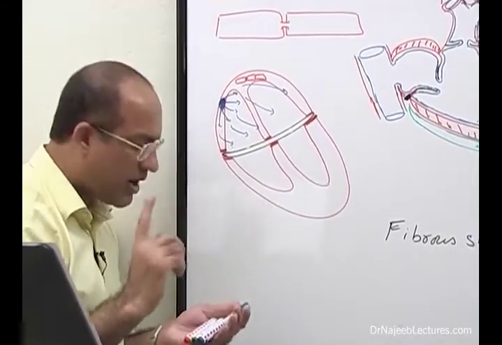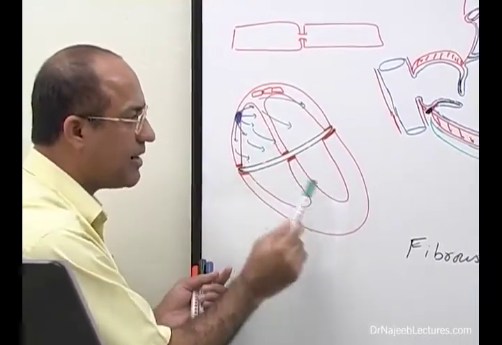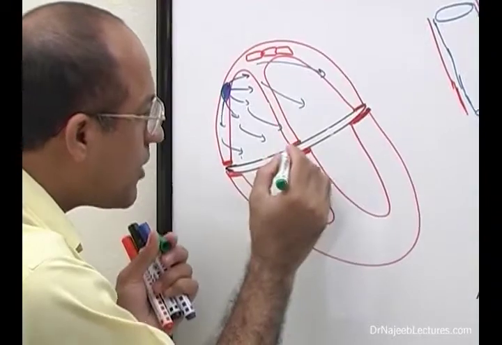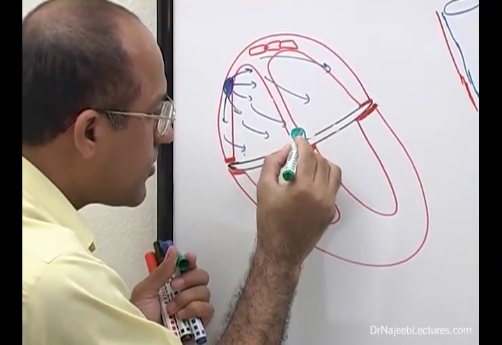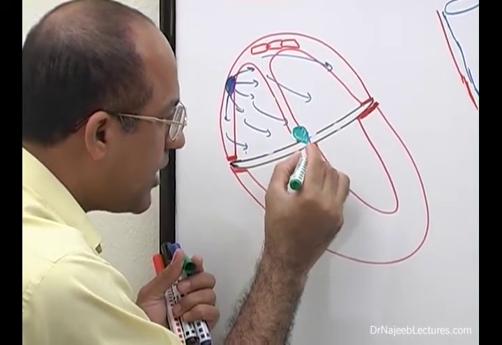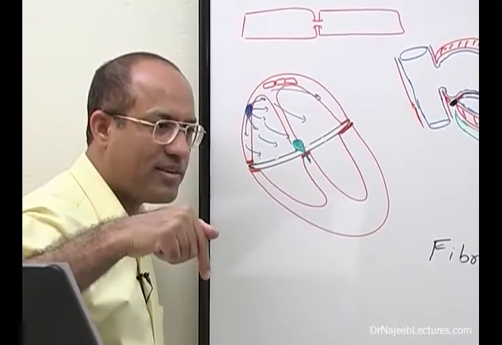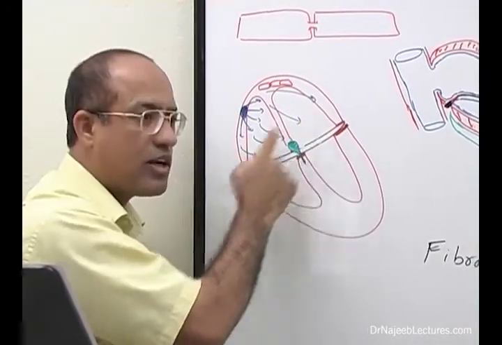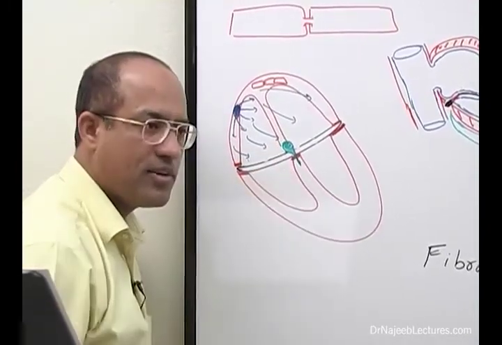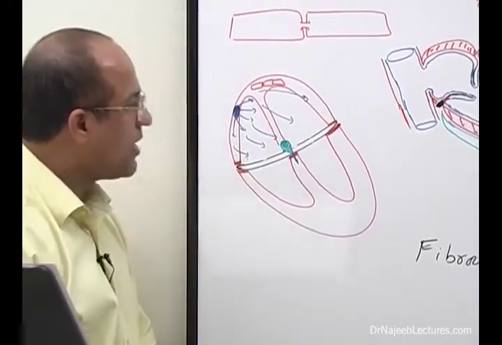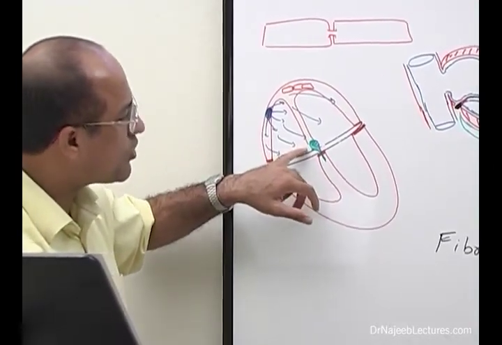There is only one very special electrical window between the atrial muscle and ventricular muscle, called the AV node. So there is only one electrical wire between the atrial and ventricular myocardium, that is the AV node and bundle of His. I cannot appreciate enough how well nature has designed it.